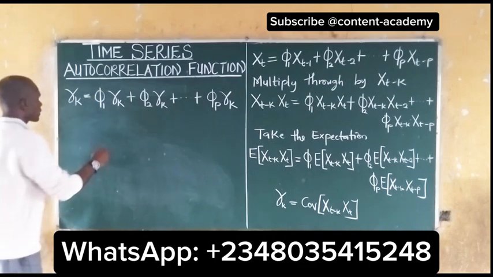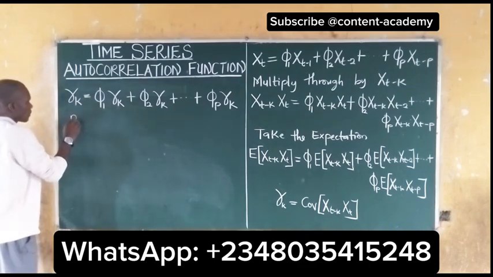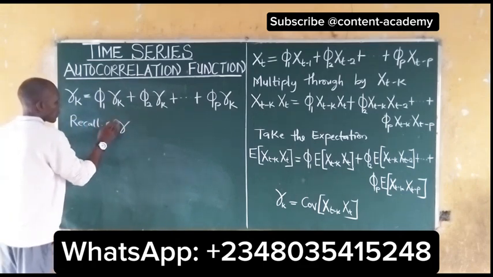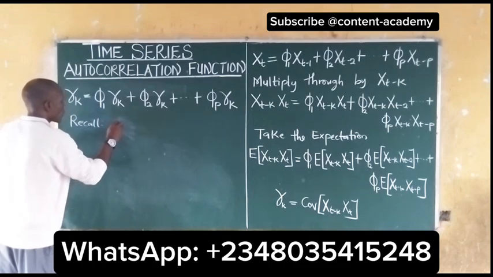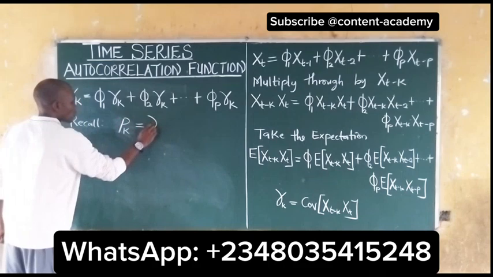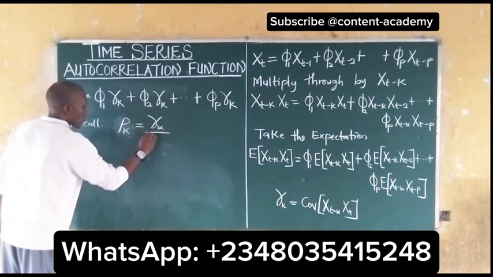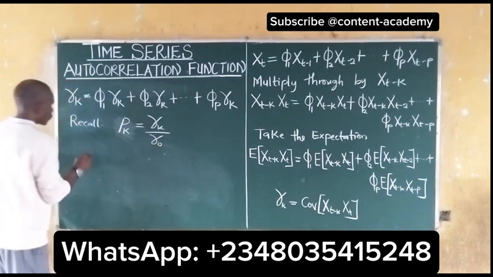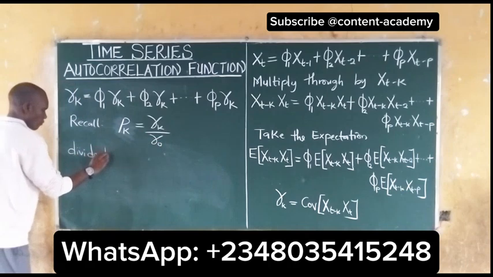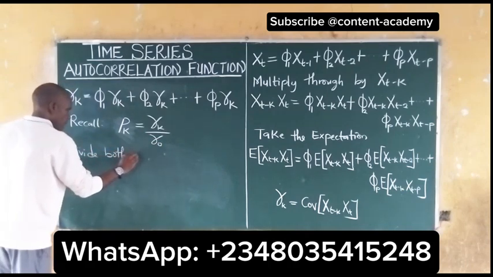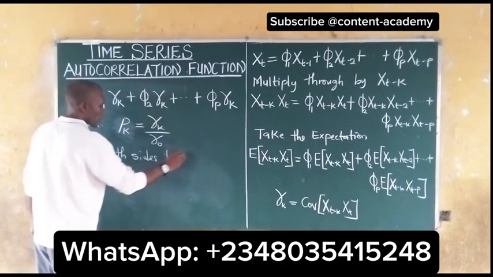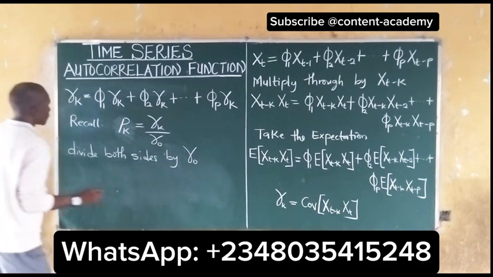But we should recall that our autocorrelation function is equal to Rk all over R naught. So we divide both sides by R naught.